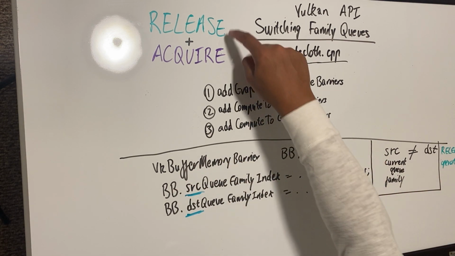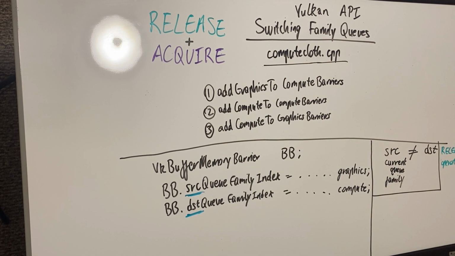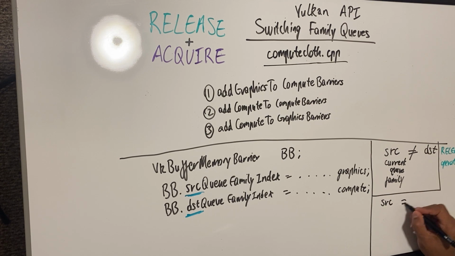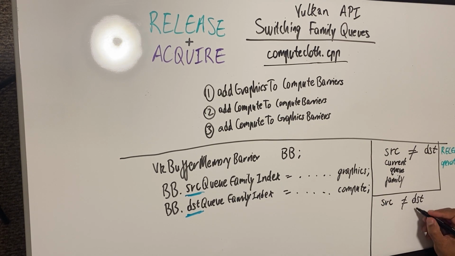But not only do we release, we also have to acquire. Now, let's do it again. You have src does not equal dst, okay? But now your current queue family is the destination.